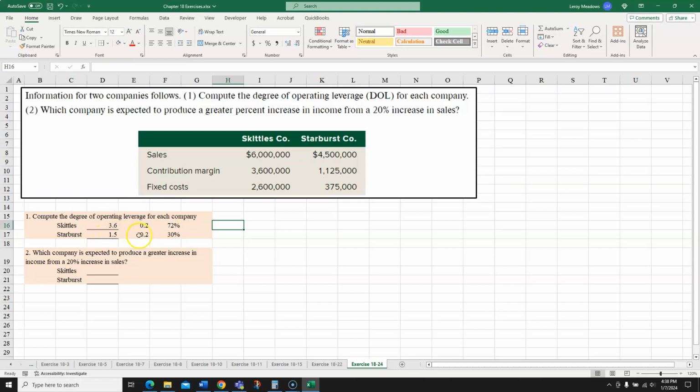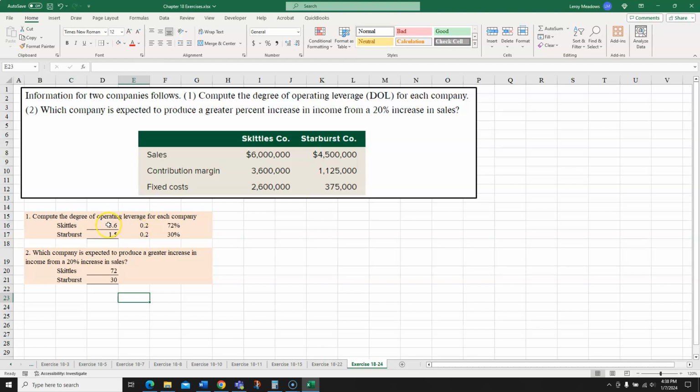Starburst, for 20% of sales, is going to see an increase of 30% of income. So the greater increase in income will be recognized by Skittles, even though Skittles and Starburst both have a 20% increase in sales.